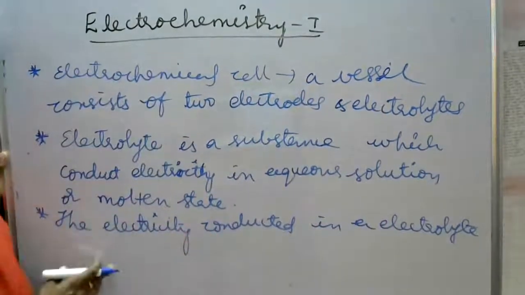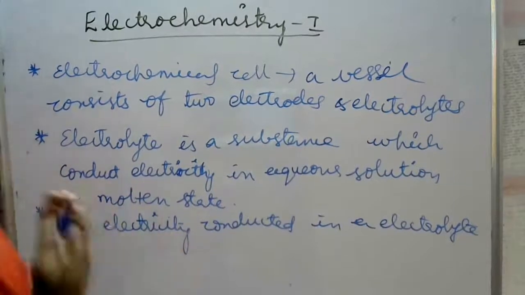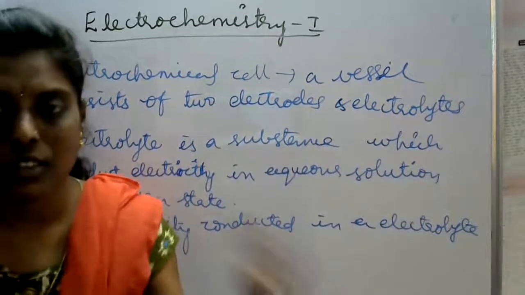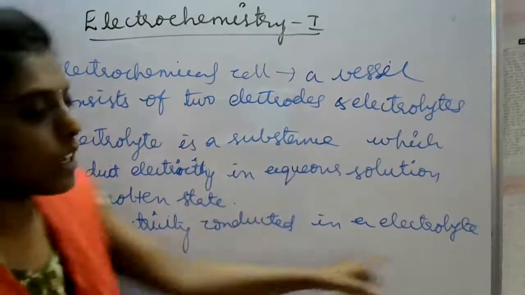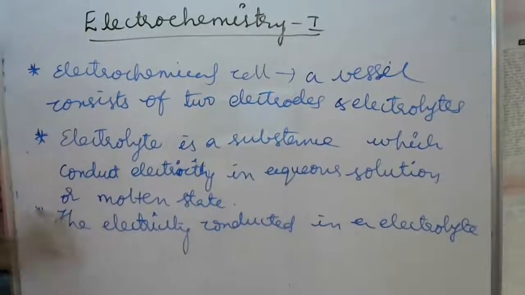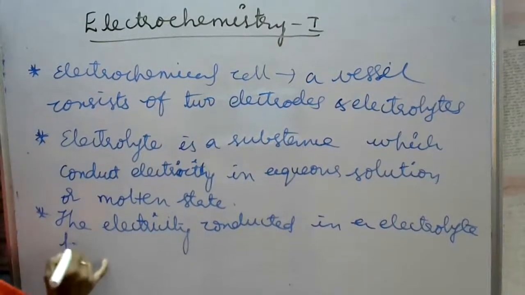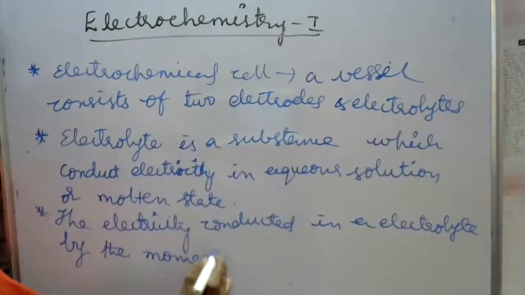By the movement of ions, electricity is generated. So the electricity is conducted in the electrolyte by the movement of ions.